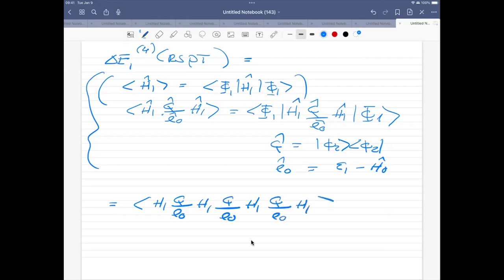So you see this is a fourth order term. And the different terms here stand for a phi 1 to phi 1 expectation value. Then we have a minus sign, and I have a term, HI of Q of E0.